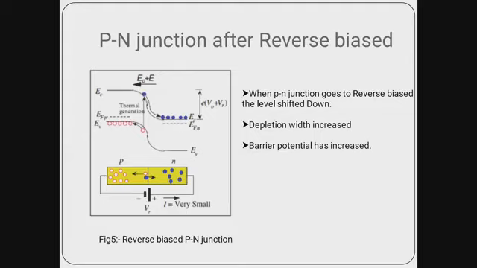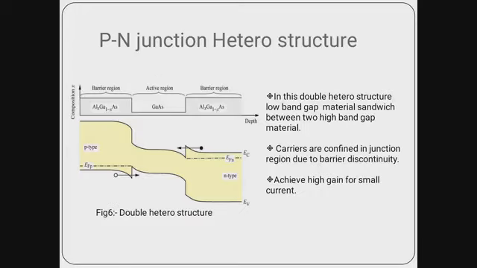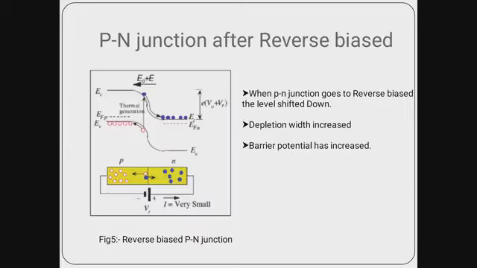We have seen that this is denoted by electric charge times V naught plus VR. VR is nothing but the reverse biased diode connection, the reverse voltage which is given across the diode. Now a question has come, why is this level shifted down?